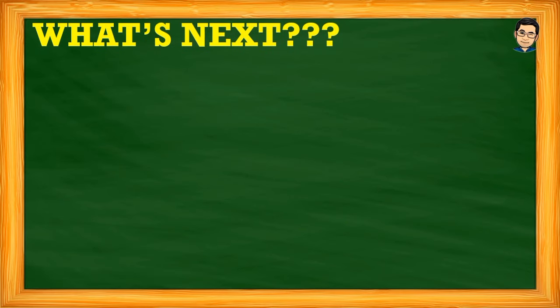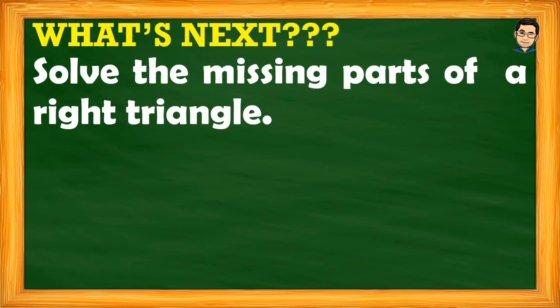So after this video lesson, our next topic has something to do with solving the missing parts of a right triangle. Okay, so dyan po, i-discuss ko rin po yung paggamit ng scientific calculator. So, scientific calculator is different from an ordinary calculator. Siyempre, yung ordinary calculator po, yan ang kadalasang ginagamit ng mga tindera sa palengke.